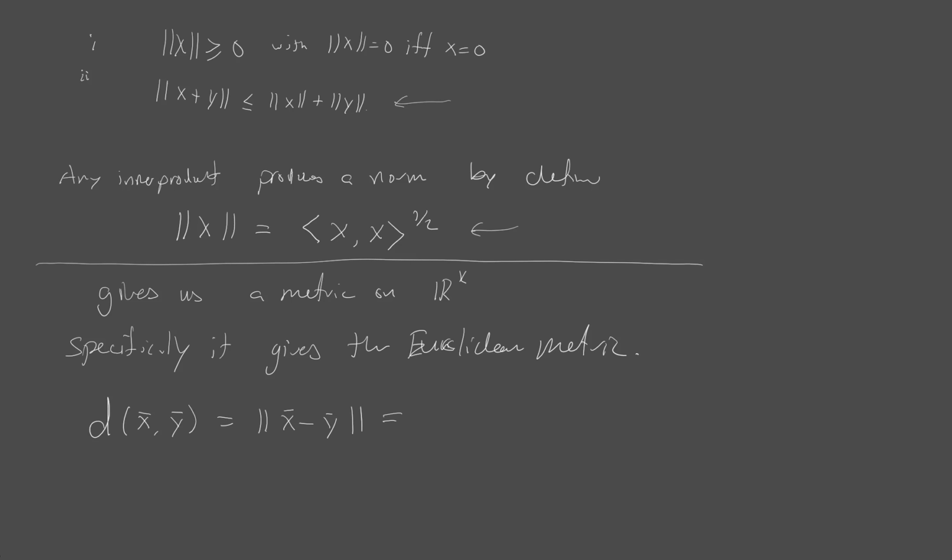That would be the inner product of x minus y with x minus y, to the 1/2. So this is the square root of (x1 minus y1) squared plus (x2 minus y2) squared plus dot dot dot plus (xk minus yk) squared. And that's the typical distance measurement that we see when we're dealing with things in R^k.